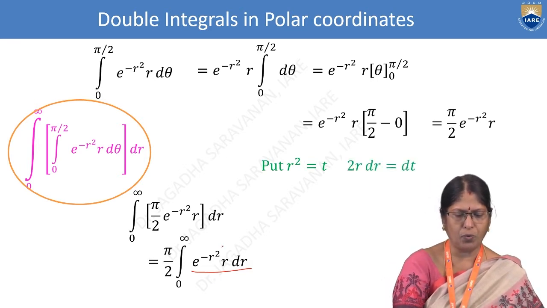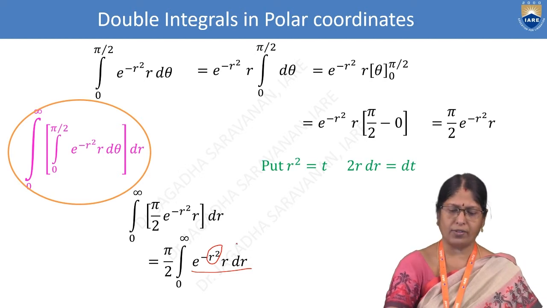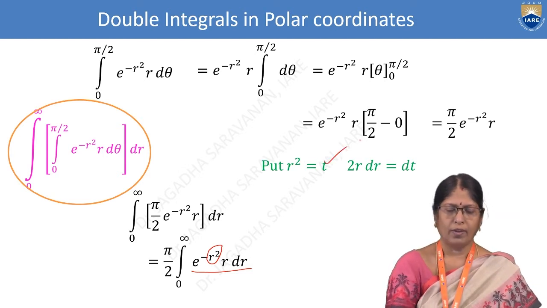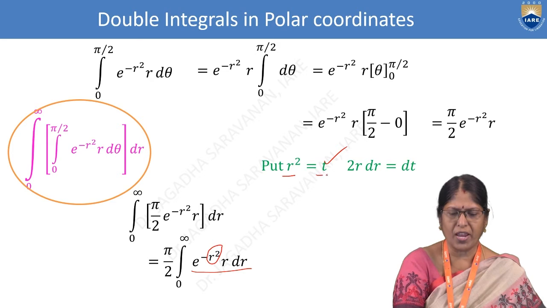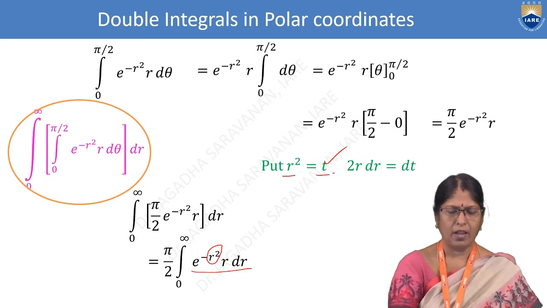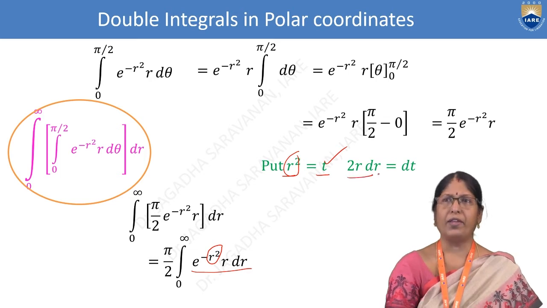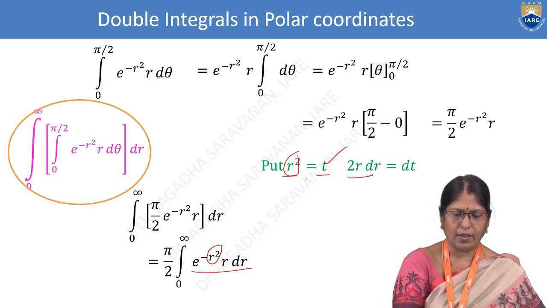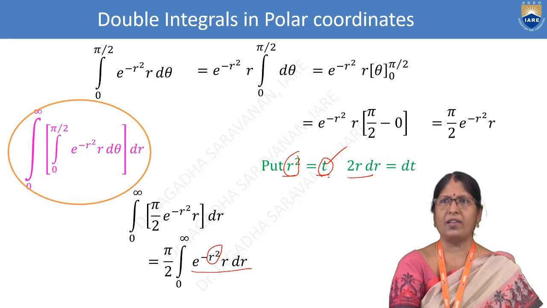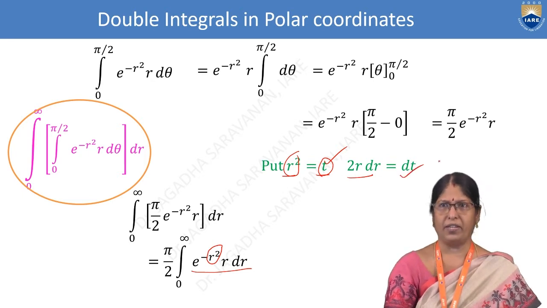So we are assuming r square as t. We are doing the differentiation on both sides. R square, it's nothing but 2r dr, and t is nothing but dt.